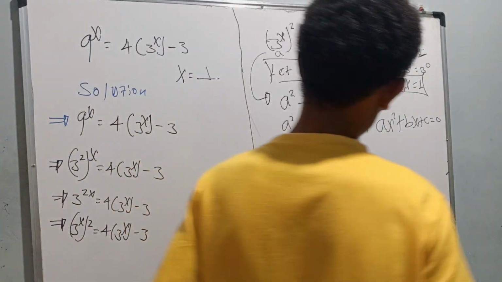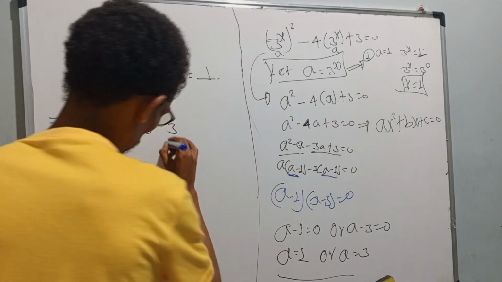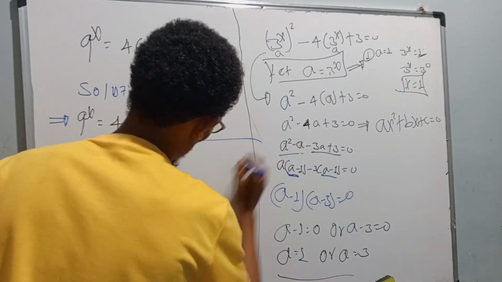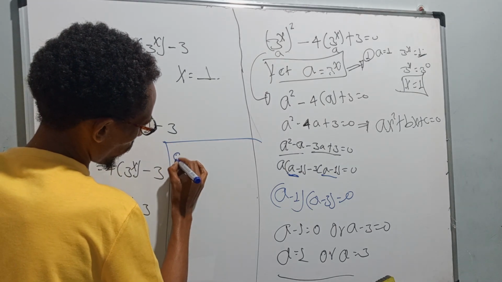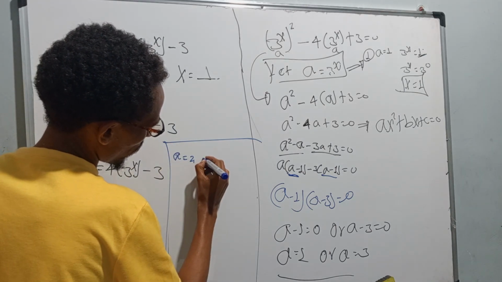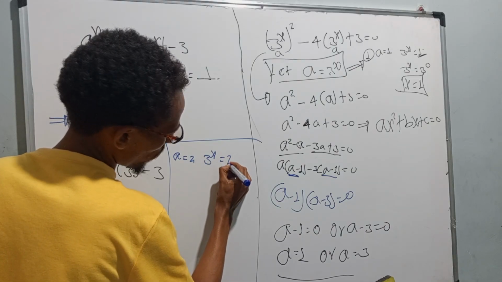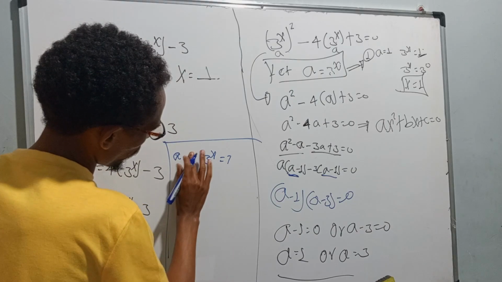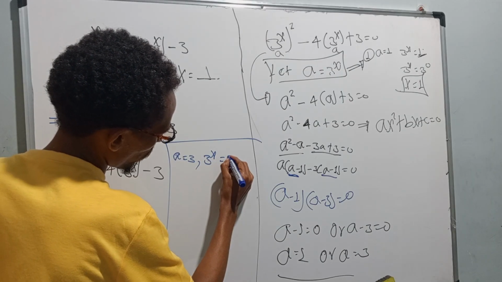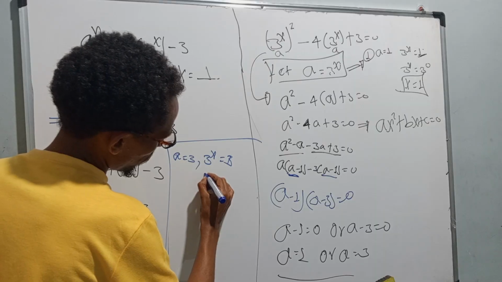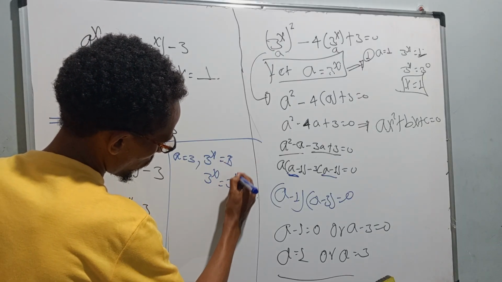What about the second solution? We can find the second solution of x from here. When a is equal to 3, sorry for my mistake, 3 to the power of x is equal to 3. That means 3 can be expressed as 3 to the power of 1.